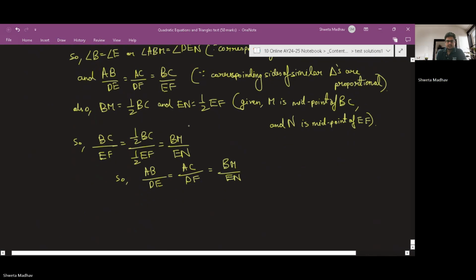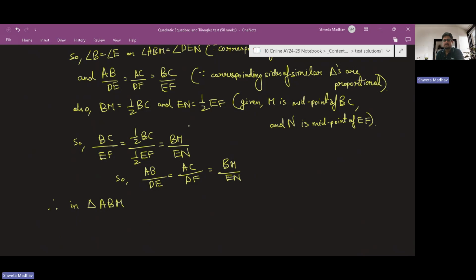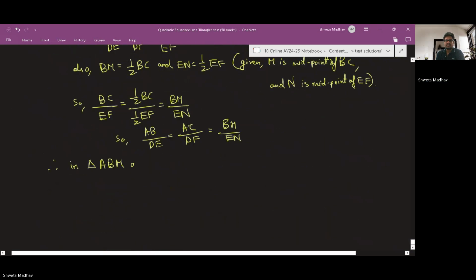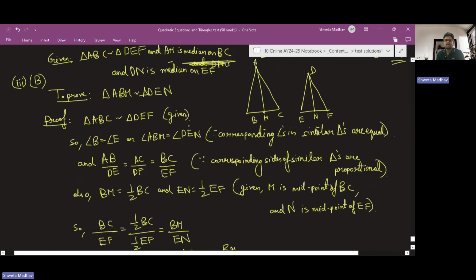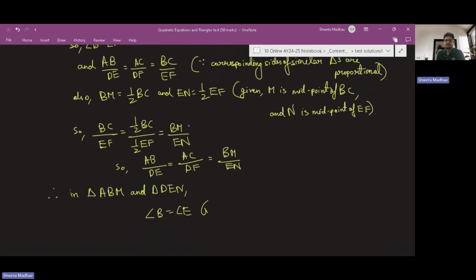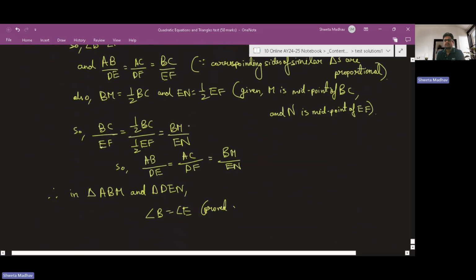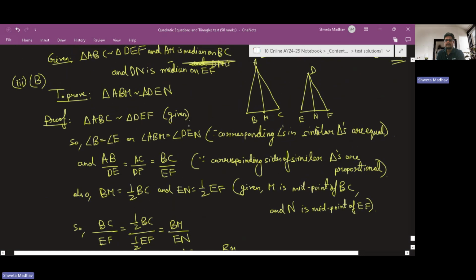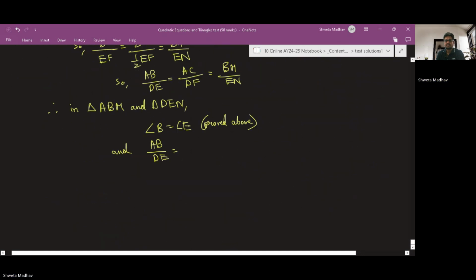So now, therefore, in triangle ABM and triangle DEN, angle B is equal to angle E, which we have proved above, and also AB by DE is equal to BM by EN, which is also proved above.